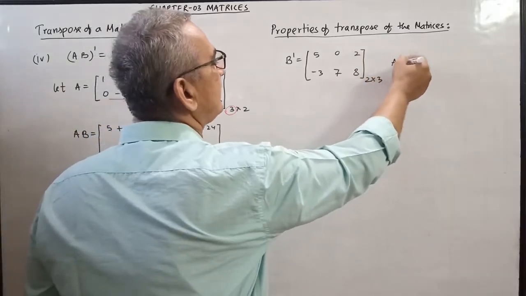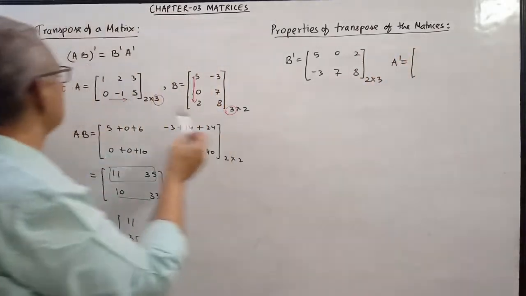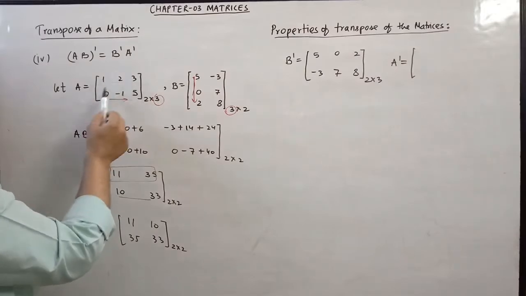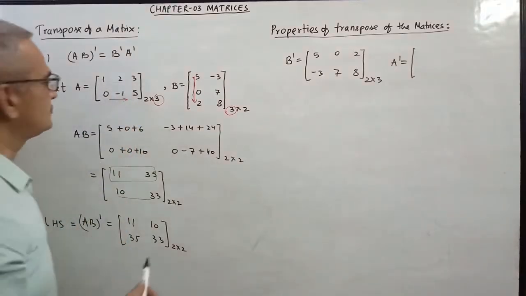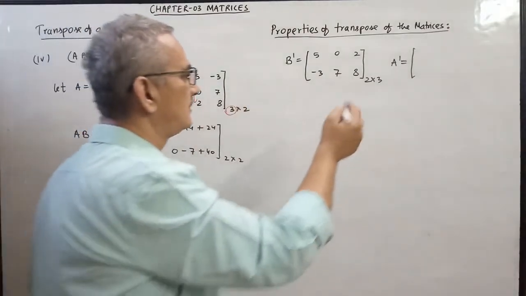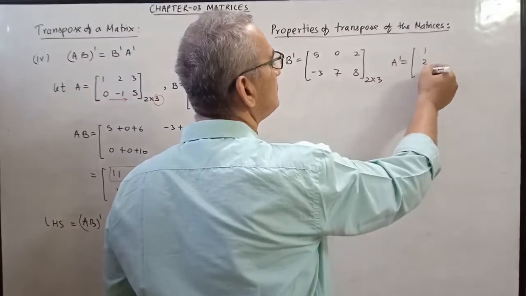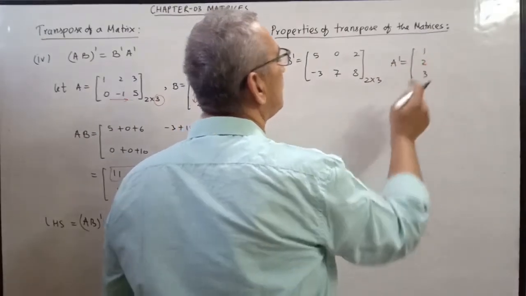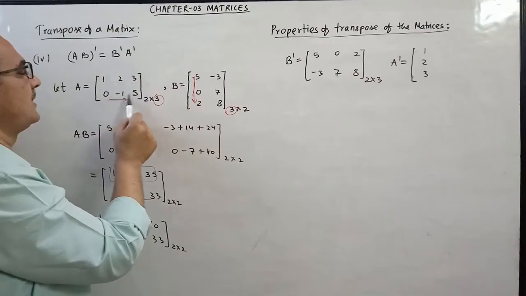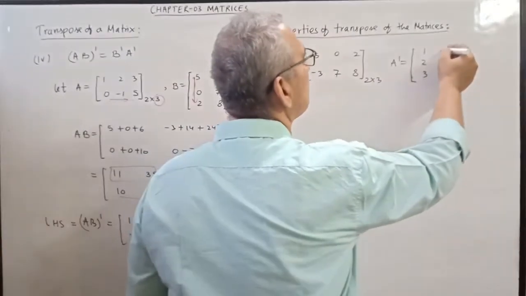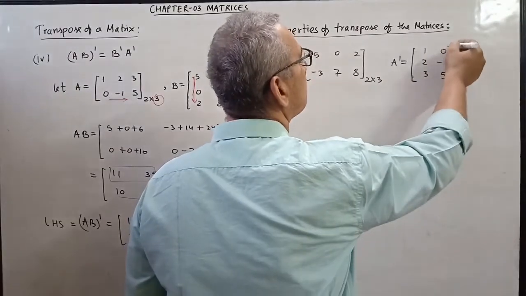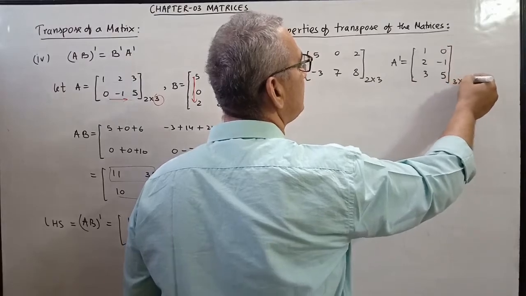And similarly A dash is here 1 2 3, 0 minus 1 5. So first row will become the first column. Okay, so 1 2 3. And the second row is 0 minus 1 5. So here we have 0 minus 1 5. So the order of this is 3 by 2.